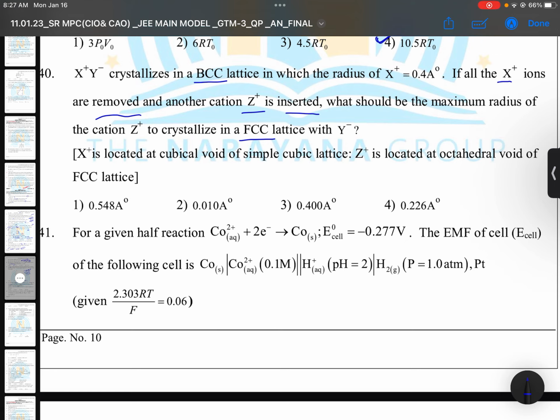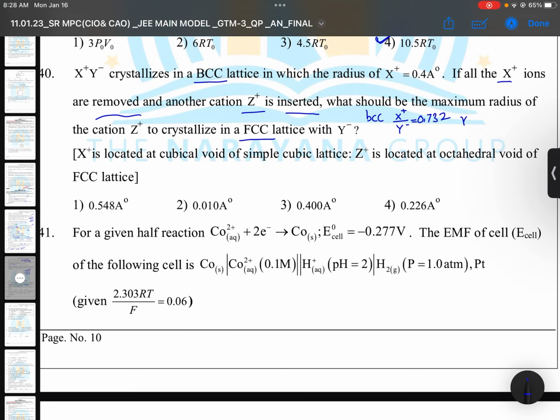First is saying BCC, next is saying FCC. XY is BCC, then all X gone, YZ is FCC. So what we need to do is, for BCC lattice, the cation to anion radius ratio is 0.732.